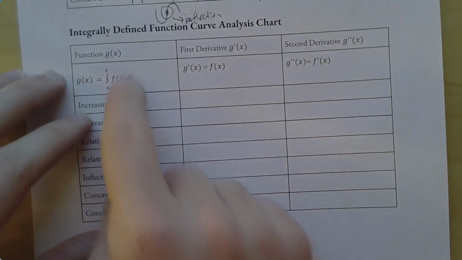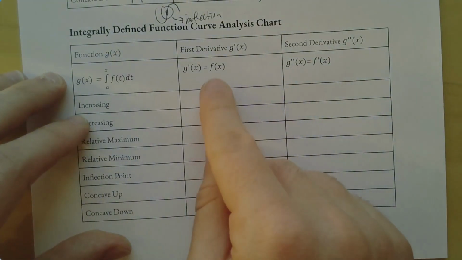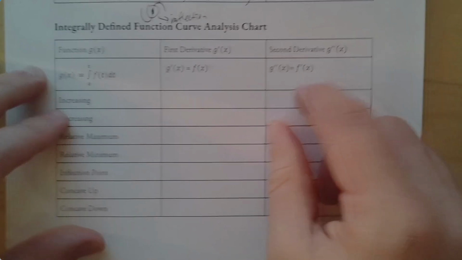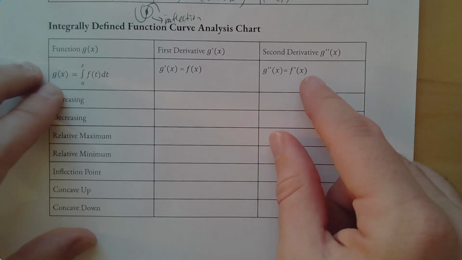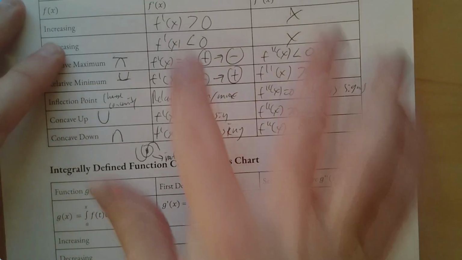The function is the integral, the derivative is f of x, and the second derivative g of x is the derivative of f of x. It's the same exact chart again. So what I would do right now is close this.